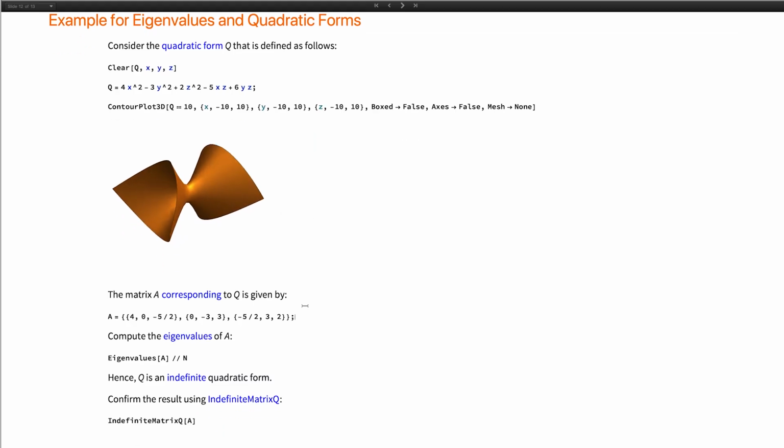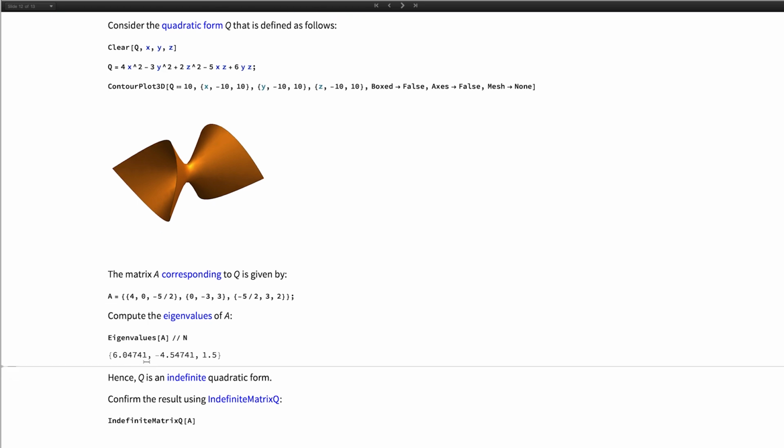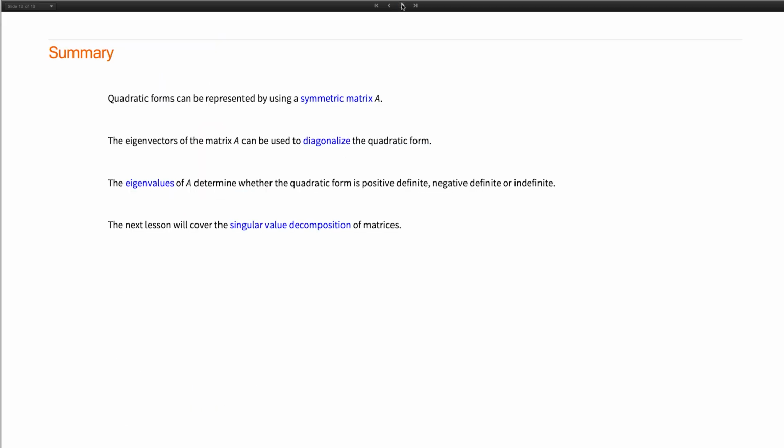Let's check that. So here's the corresponding matrix A. Work out the eigenvalues. You see there are some positive, some negative, and hence it is an indefinite quadratic form. Let's check indefinite matrix Q, and you see that it in fact is indefinite. So that's a very nice, simple way of checking what kind of quadratic form you have.